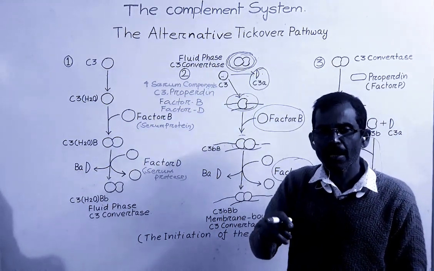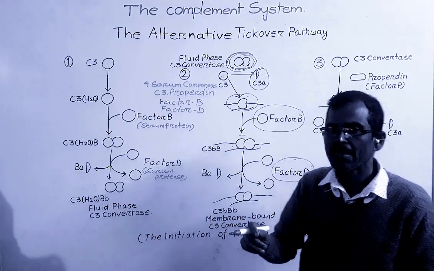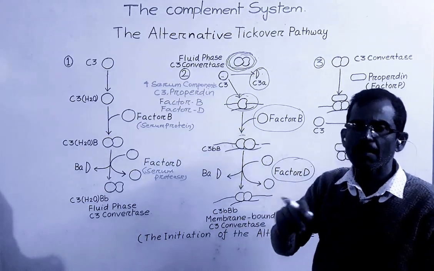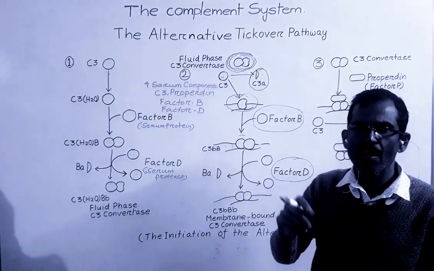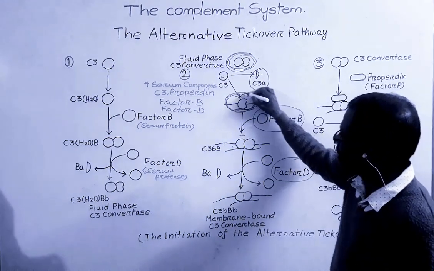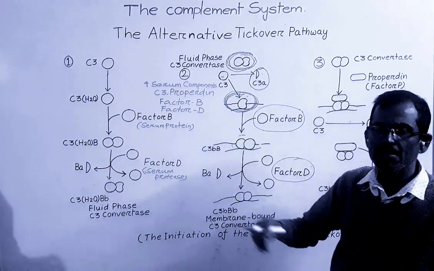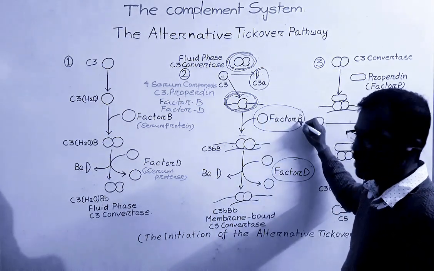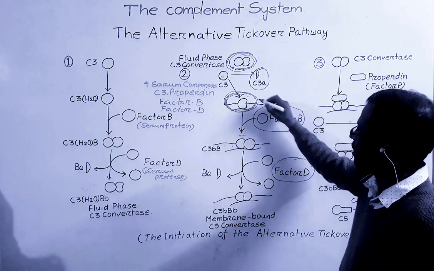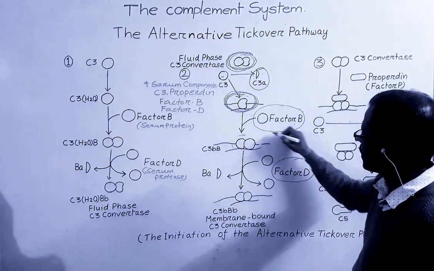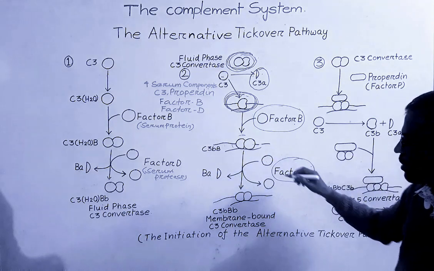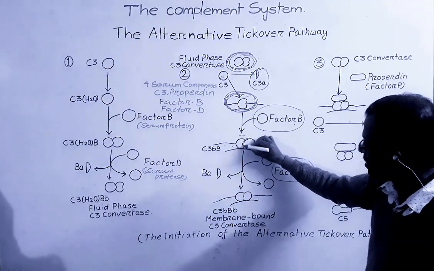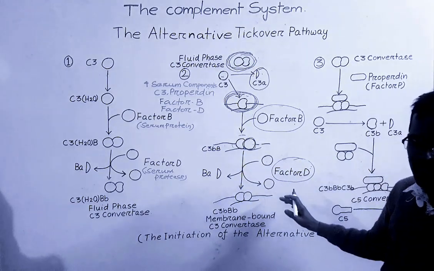But when there is an infection, the C3b molecules bind with the nearby microbial surface via thioester linkage. These membrane-bound C3b molecules bind with the serum protein factor B. By binding with the C3b, factor B becomes susceptible to cleavage by factor D. So, factor B is cleaved into two fragments.